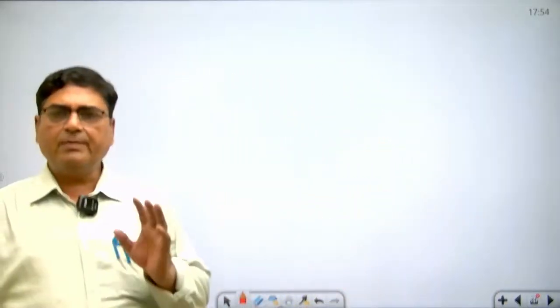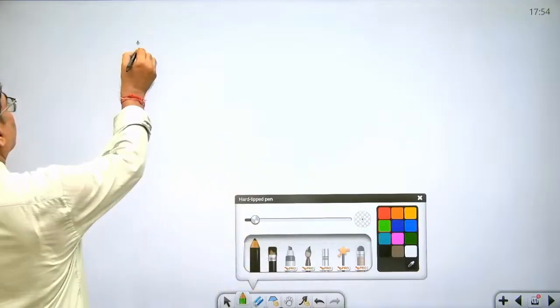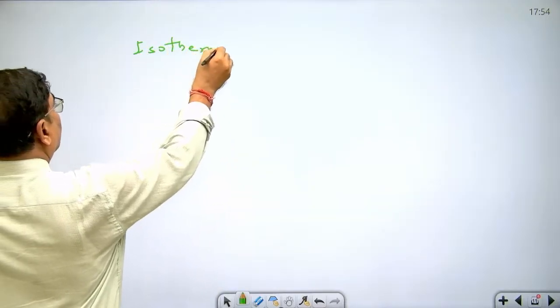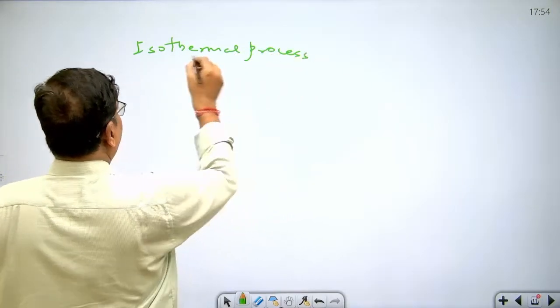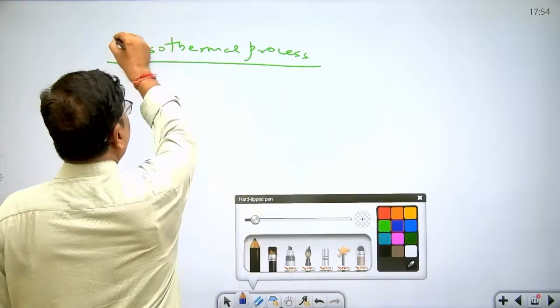Now, dear student, we will be looking for work done by gas in an isothermal process. As the name indicates, isothermal process means the process in which temperature remains constant, okay?